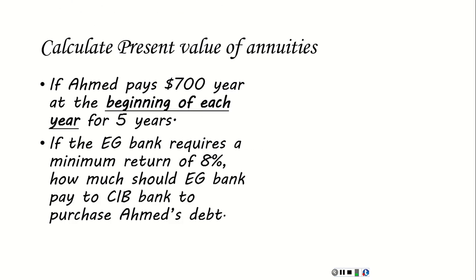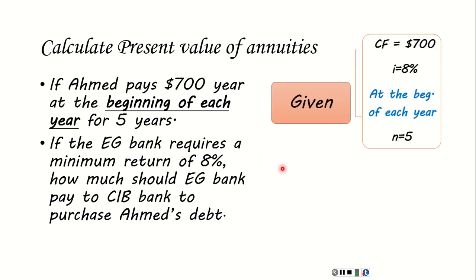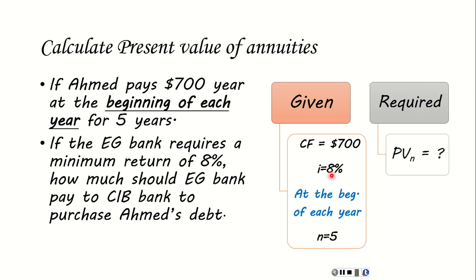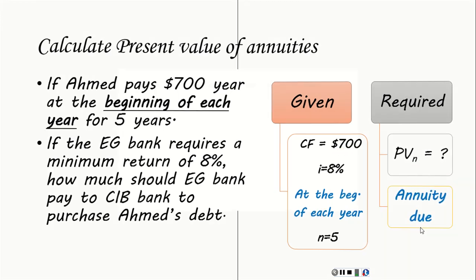So each bank needs to find the present value of the expected 700 to be received at the beginning of each year, over the next 5 years, with 8% as the required rate of return. Each bank wants to find how much this expected cash flow is worth today in the case of annuity due.